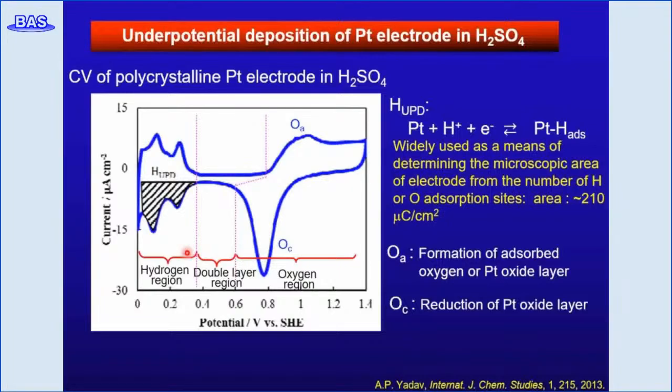For the positive potential region, broad peak due to the formation of platinum oxide is observed. Since the electricity of this hydrogen adsorption wave is known to be 210 microcoulombs per centimeter squared, the surface area of the electrode surface can be determined from these values.